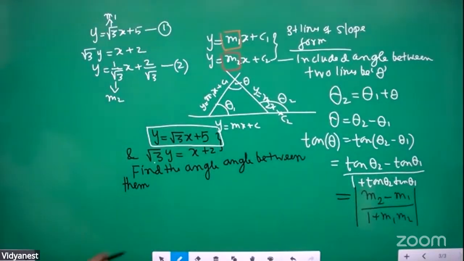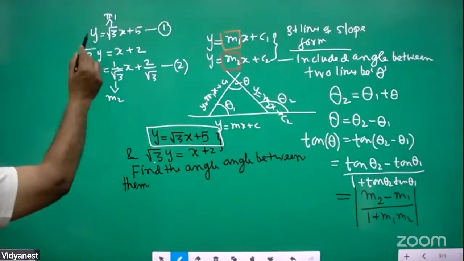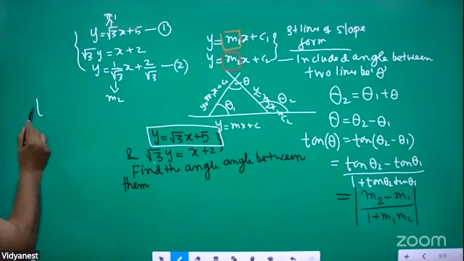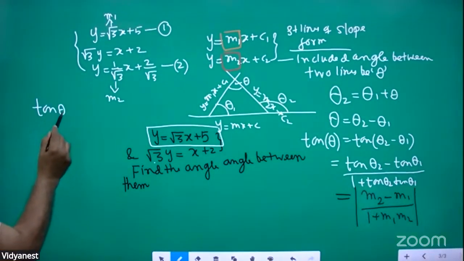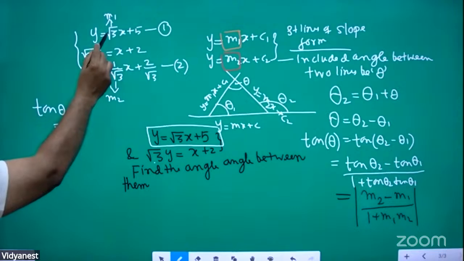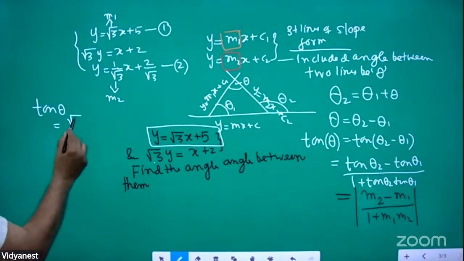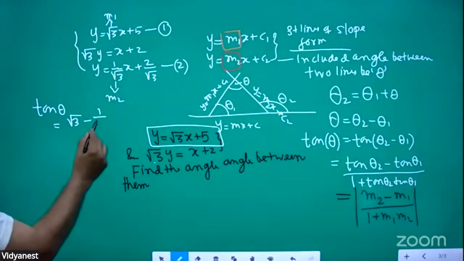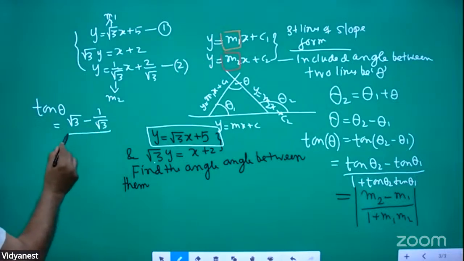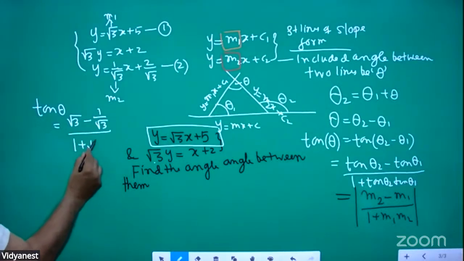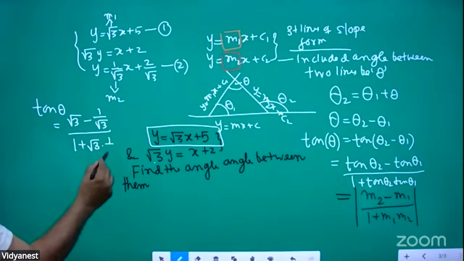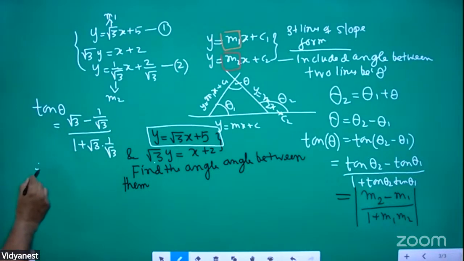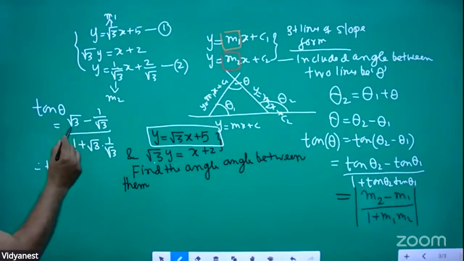Now you use that property. Let theta be the angle between them. Tan theta, see which is bigger, root 3. You write root 3 first, then 1 by root 3, over 1 plus root 3 into 1 by root 3. So tan theta, take the LCM.